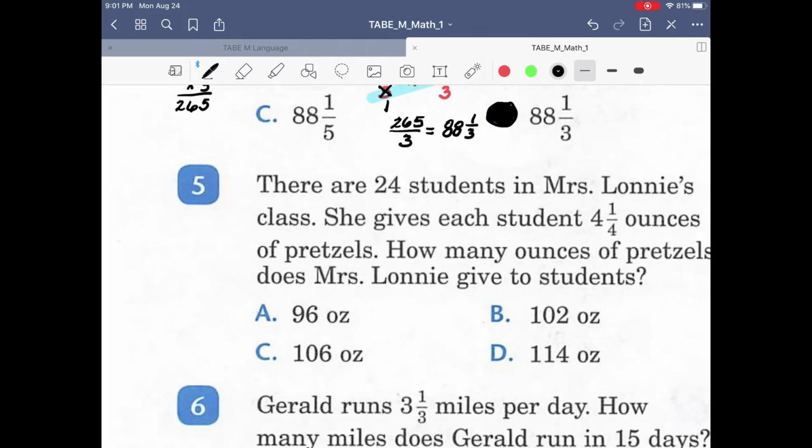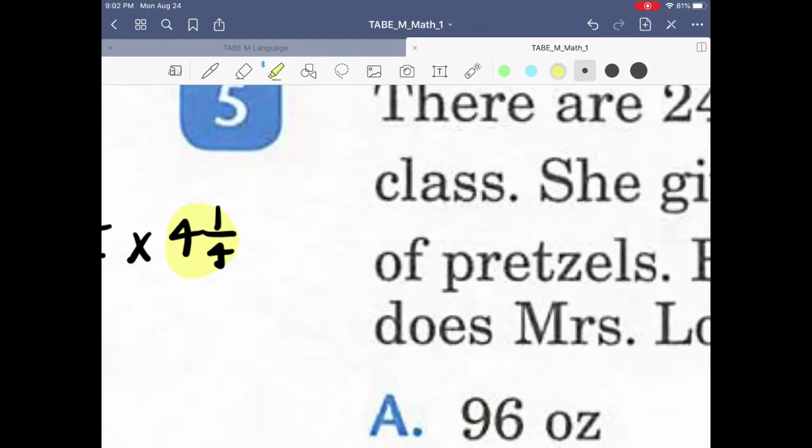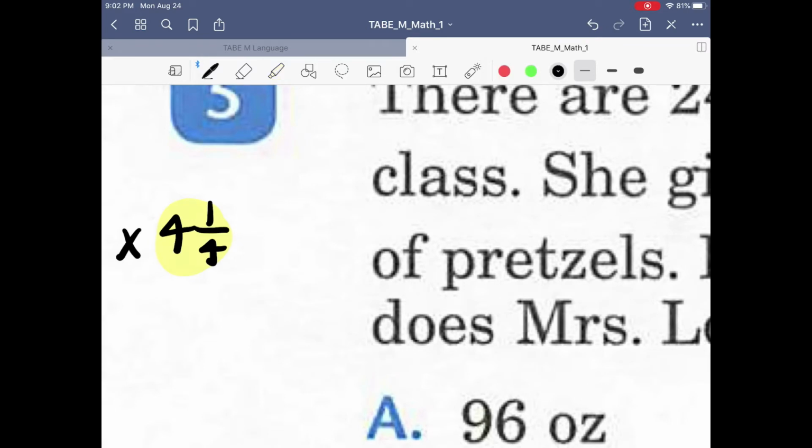If I can find some space, I'm going to say 24 times 4 1/4. So we know that under the 24 we'll put a 1, but this mixed number we have to convert. So we're going to take that 4 1/4 and do our conversion on there.